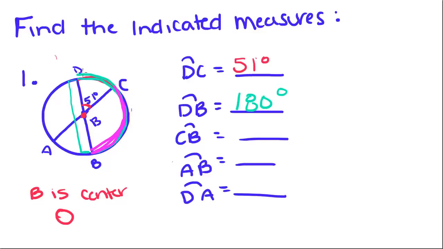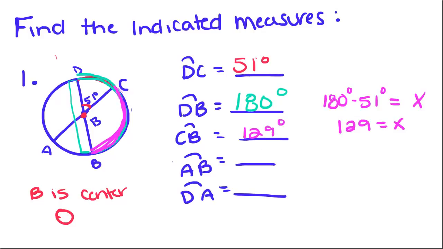Since this big arc CDB is 180 degrees, and this smaller arc right here is 51 degrees, we can minus 51 degrees from 180 degrees to find out what just this arc equals. So we're just going to call that x. So 180 degrees minus 51 degrees is 129 degrees. So the arc of CB is 129 degrees.